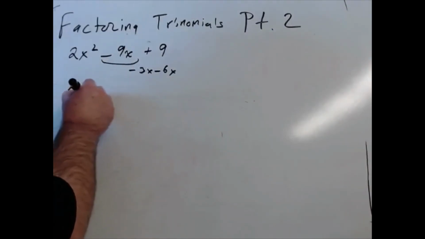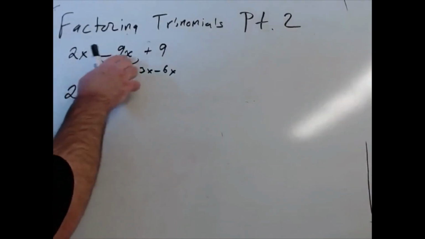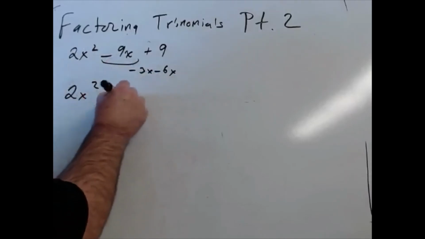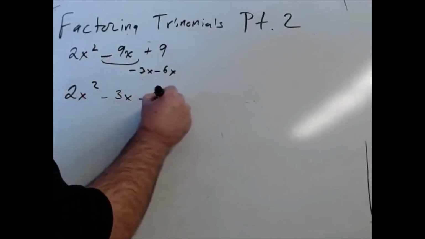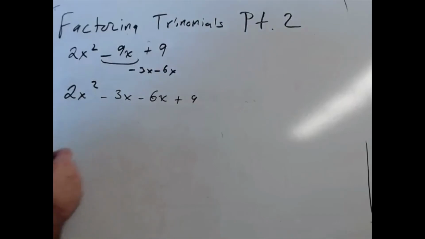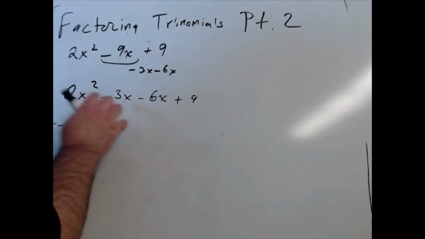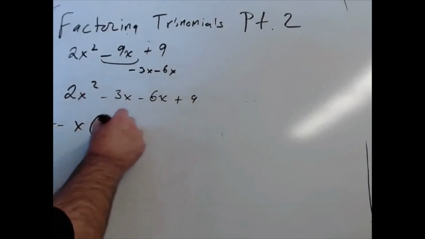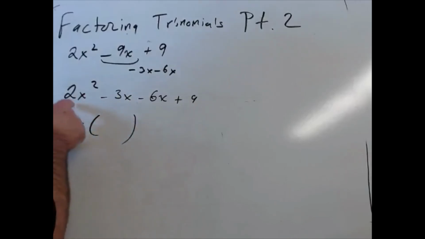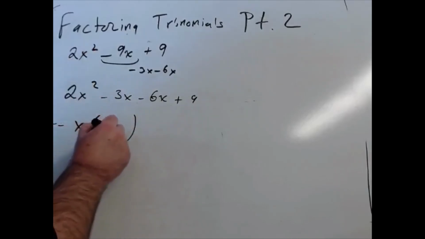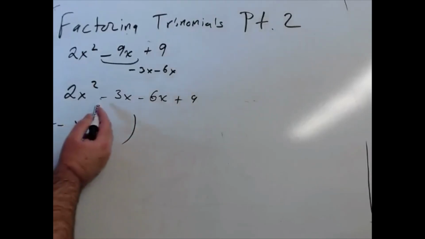So I'm going to end up with 2x squared. Instead of the negative 9x, I write negative 3x minus 6x, and I have my plus 9. So common factor for the first two, 2 and 3 don't really have a common factor, so x squared and x, common factor would be x. X times what gives me 2x squared? 2x. X times what gives me a negative 3x?